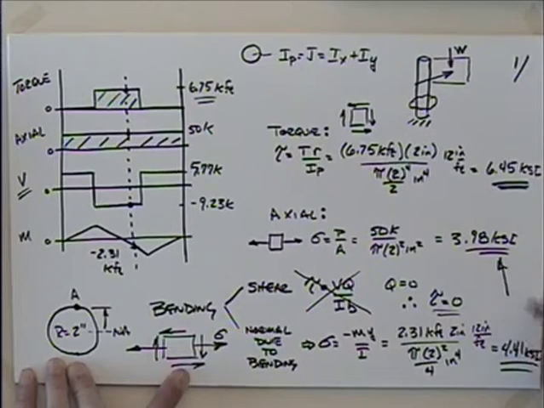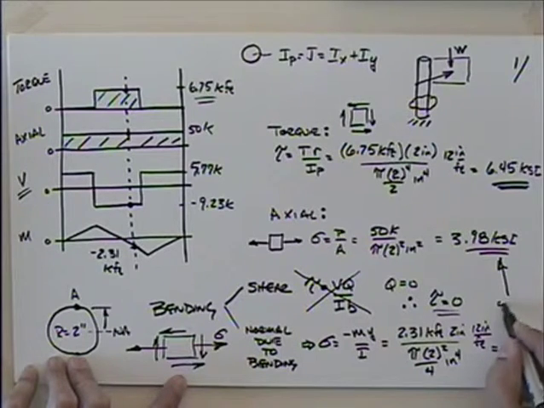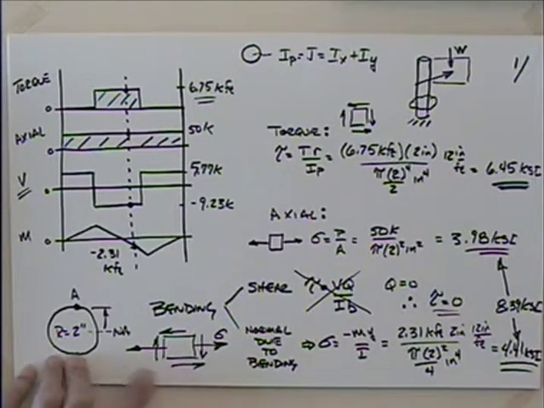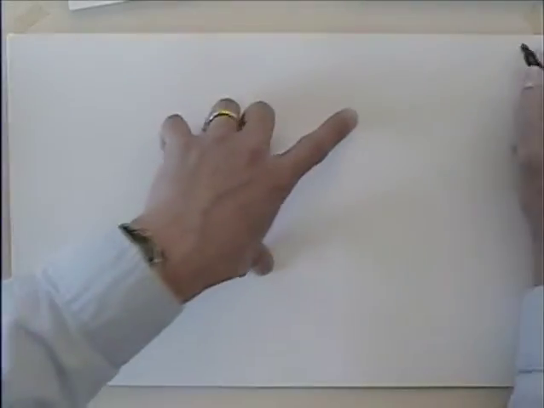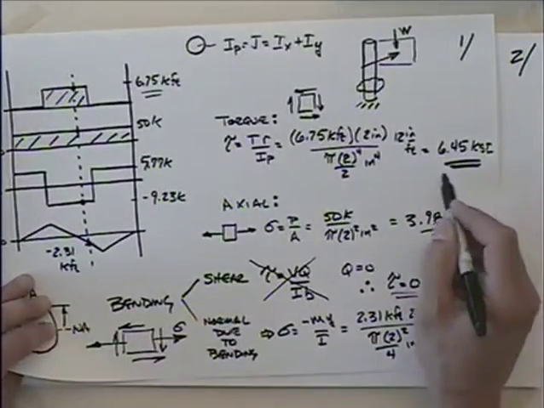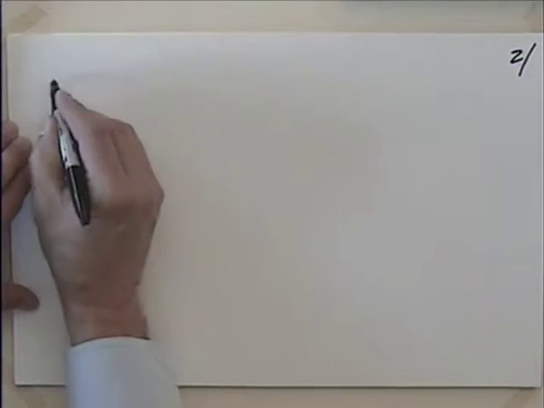If I take this and combine it with that, adding them together, they're both positive. What do I come up with? 8.39 ksi. So I'll start a new page as I do that. I'm going to take my shear stress as 6.45. So I'll draw the element here.